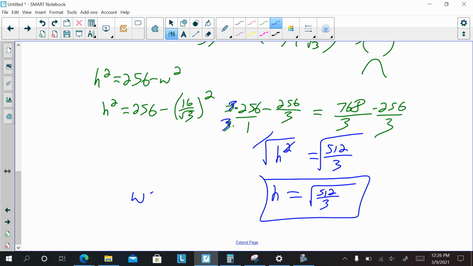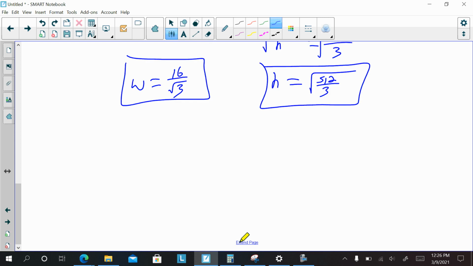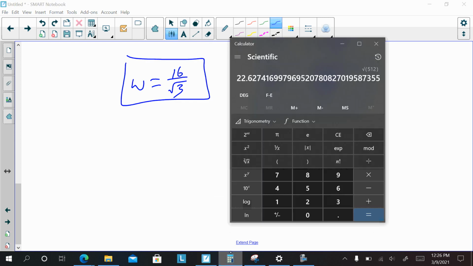The width, what was our width? It was 16 over root 3. Now, of course, if you say, okay, here's your log, cut it that size, I'm going to be like, do what now? So what is that related to? So 16 divided by the square root of 3 is about 9.24.